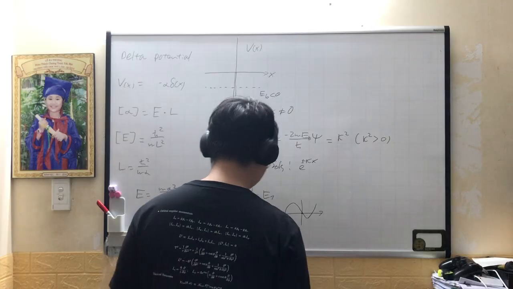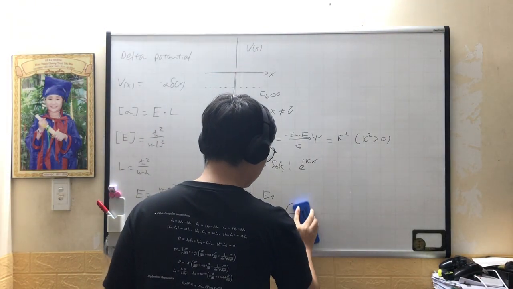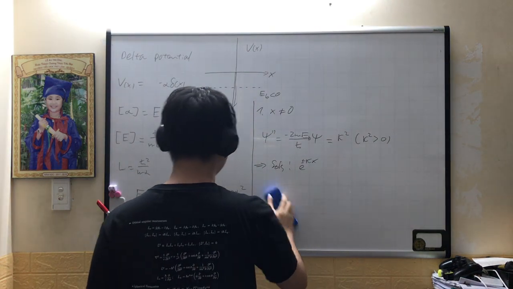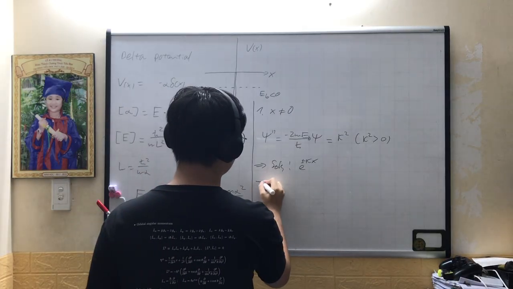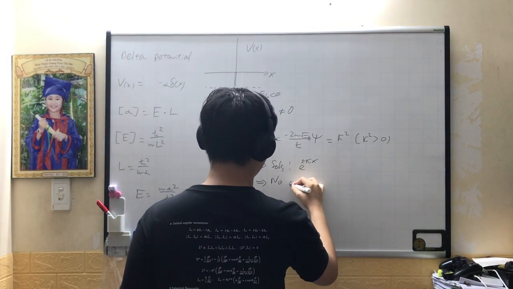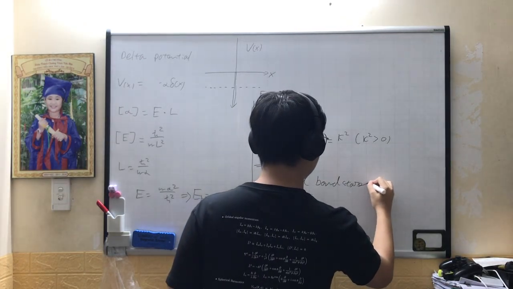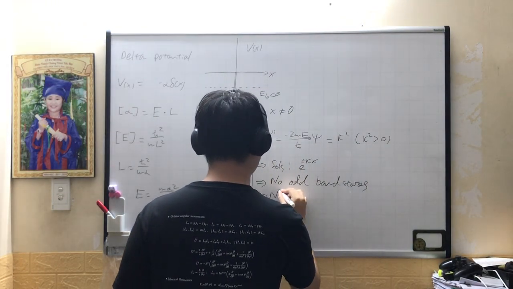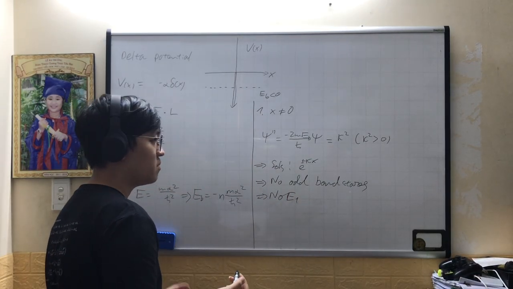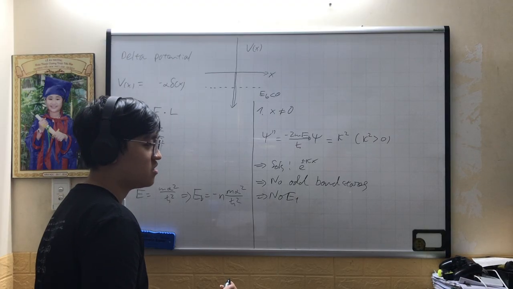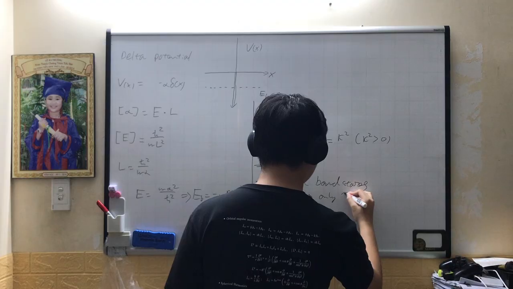So it has to cross at x equals 0, and since x cannot be equal to 0, E1 cannot exist. Therefore, no E1, so no odd bound state. Meaning that there can only be one bound state, which is the ground state. Only one bound state.